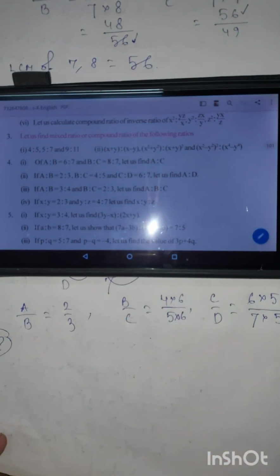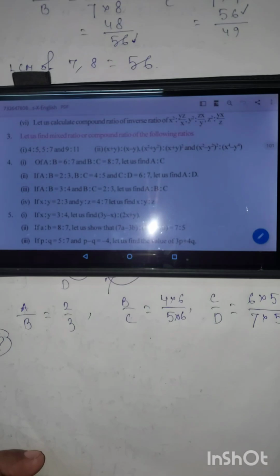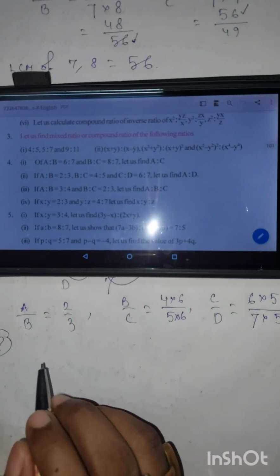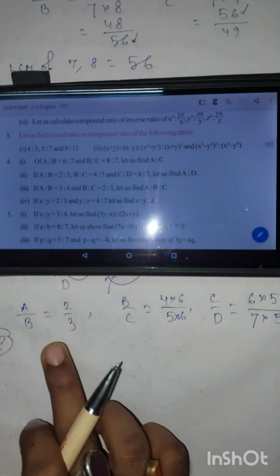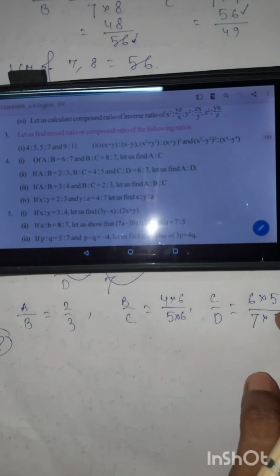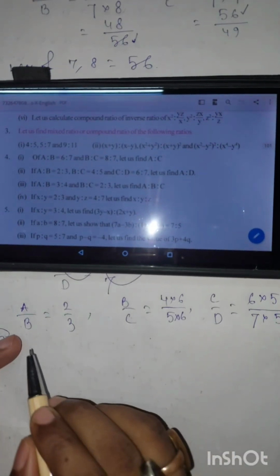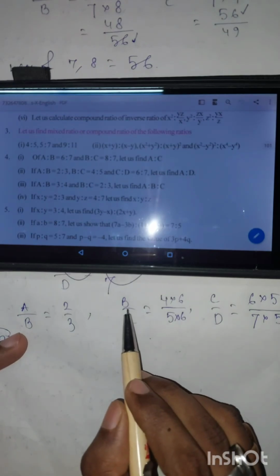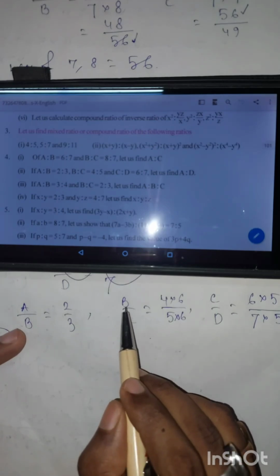Okay, now C is equal. Now let us look at the first and second ratio. B is common to both of them. So now we need to make B equal.